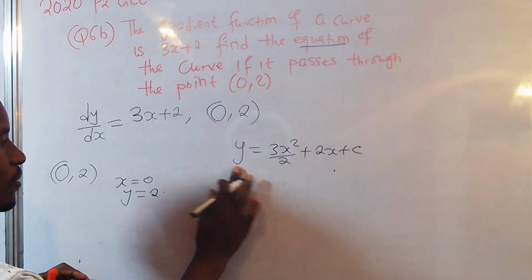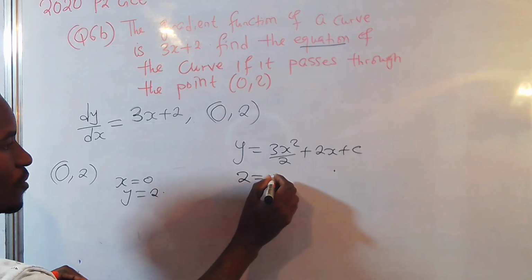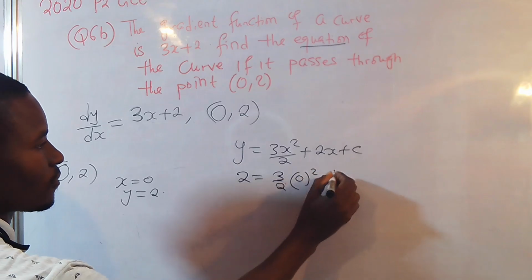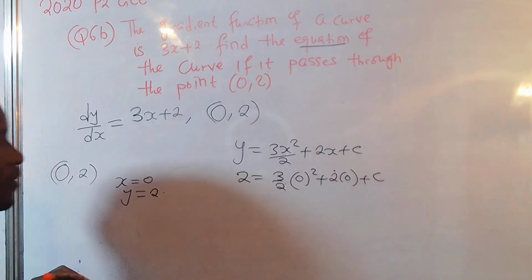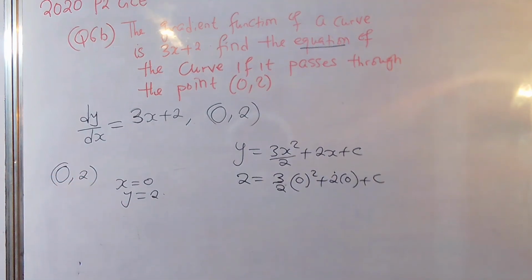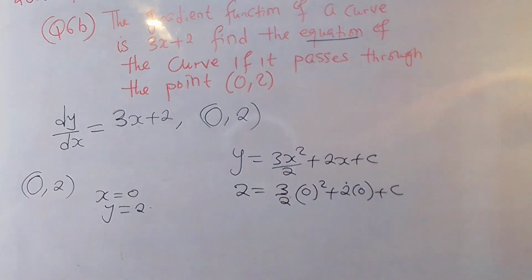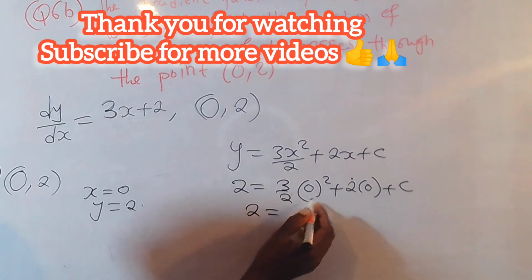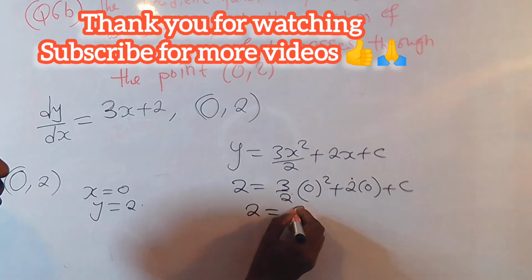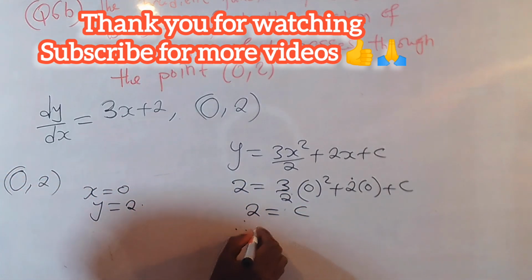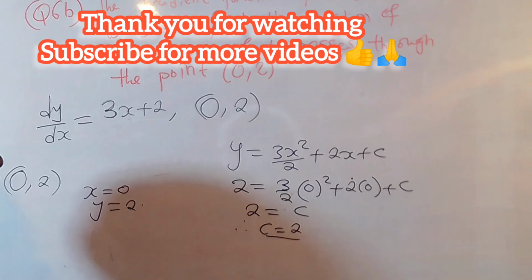So this is 2 equals 3 over 2 times 0 squared plus 2 times 0 plus C. Once you substitute, make sure you simplify. Everything here is just 0, so we remain with just C. Therefore C is 2.